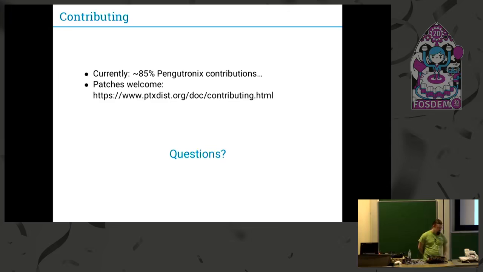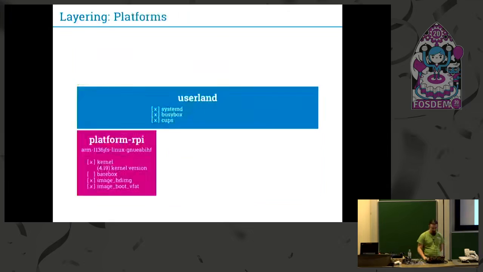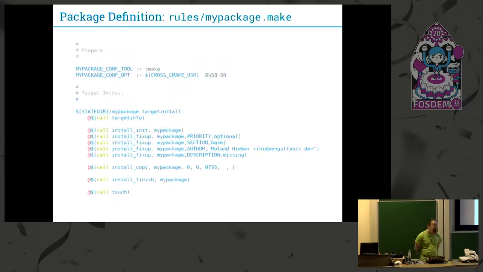So my package example that you showed us has a USB in the prepare section. It has a -D USB on. What would you suggest if I want to have that configurable?